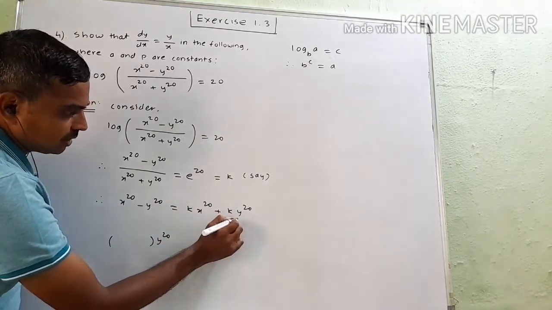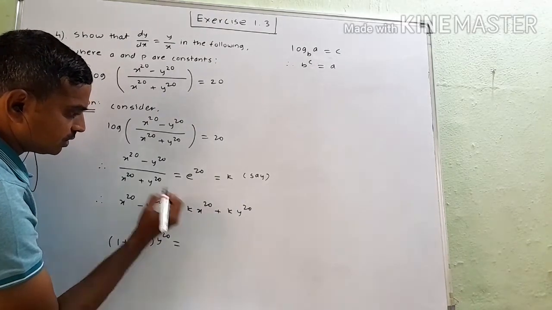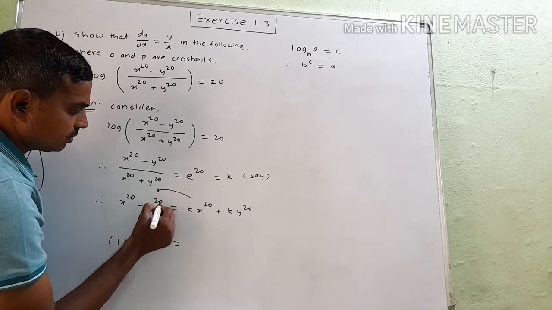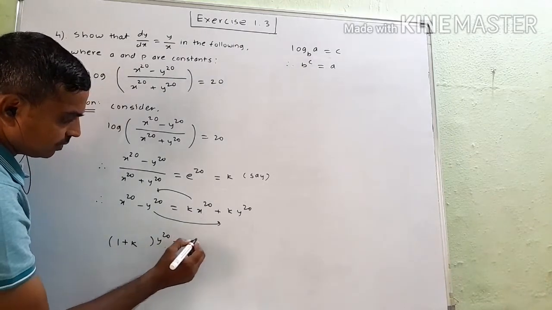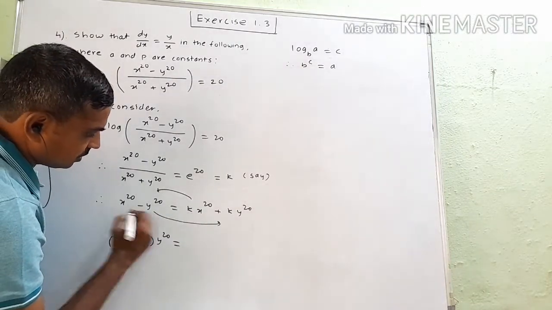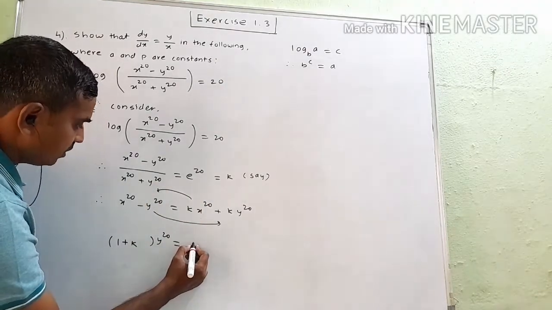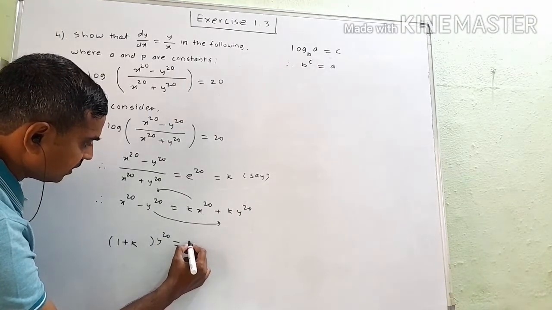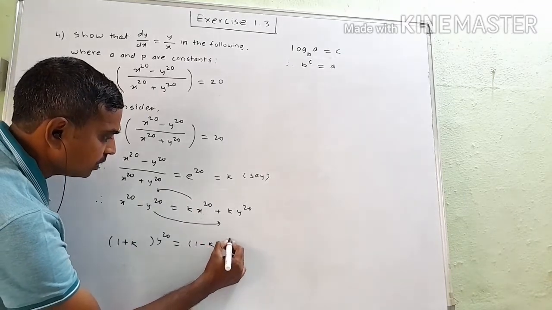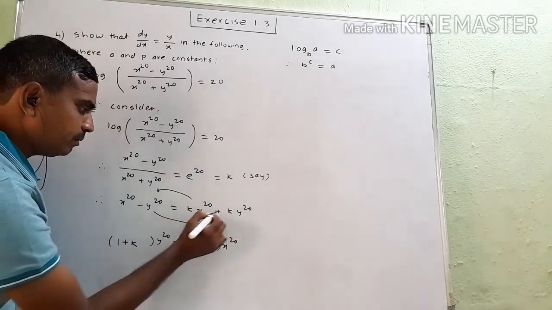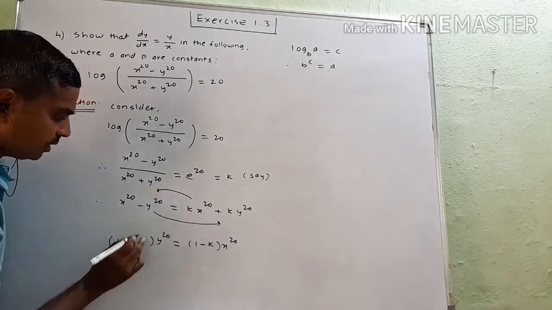Here we get the coefficient 1 plus k, and the k into x raised to 20 is taken on the left side. So the coefficient of k will be negative with x raised to 20. The coefficient of y is positive, both terms are positive, and only k will be negative.